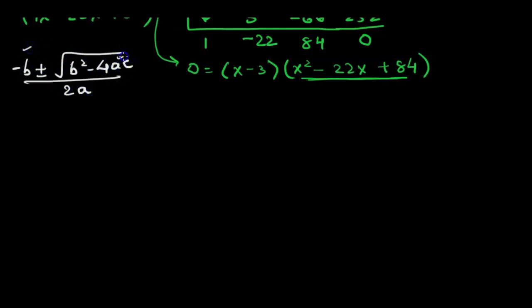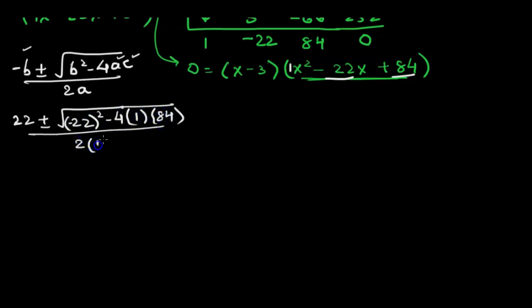And here b, a, and c are taken from here. A is 1, b is negative 22, and c is plus 84. We will be left with 22 plus or minus the square root of negative 22 squared minus 4 times a, which is 1, times c, which is 84, over 2a, which is 1 again.